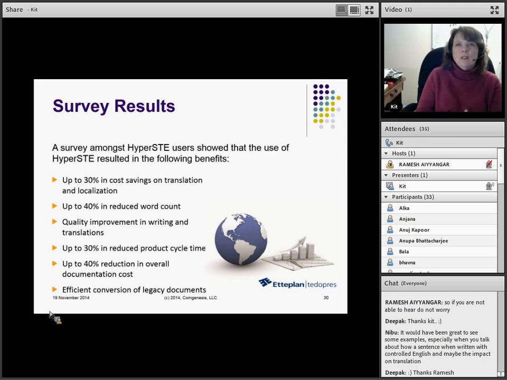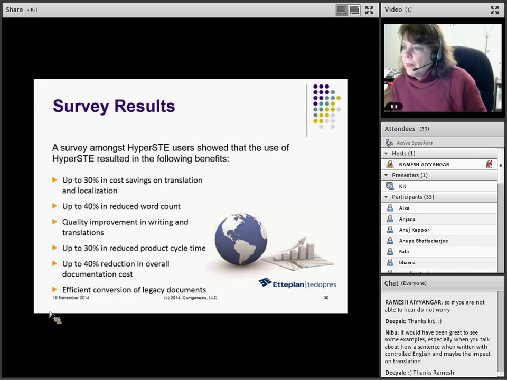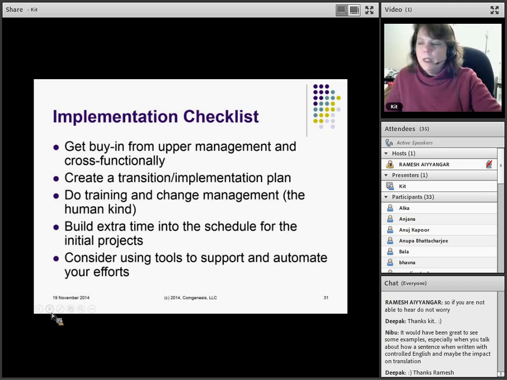So as it's needed, because it's a waste of money to convert legacy content that's 10 years old that nobody's ever going to use. And this is partially due to the fact that it takes the team time to get used to writing and working in this way.